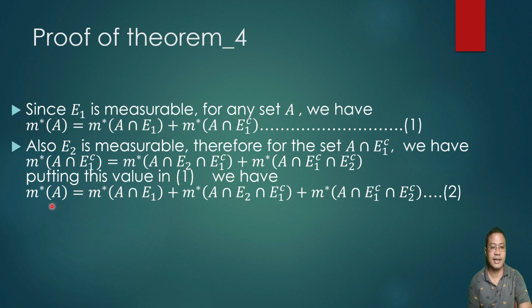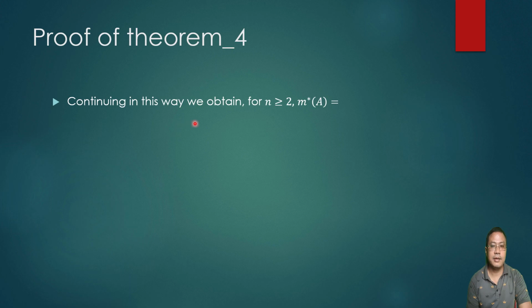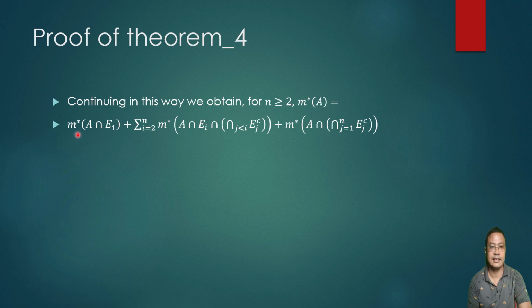So we have M star A is equal to M star A intersection E1 plus M star A intersection E2 intersection E1 complement plus M star A intersection E1 complement intersection E2 complement. Let it be equation number 2. Continuing in this way, we obtain for any n greater than or equal to 2, M star A is equal to M star A intersection E1 plus summation i running from 2 to n of M star A intersection Ei intersection, j less than i, Ej complement, plus M star A intersection, j running from 1 to n, Ej complement.